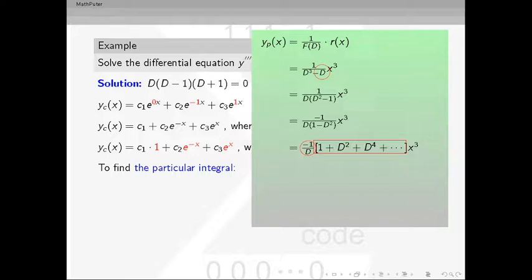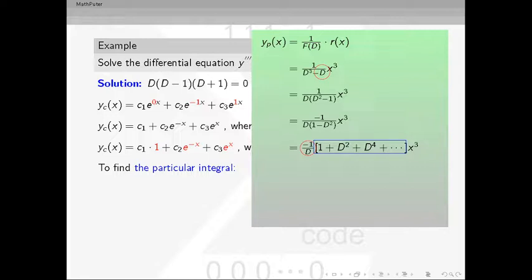So now the question arises, which term I have to apply first, minus 1 upon d or 1 plus d square plus d raised to 4. I am choosing this term 1 plus d square plus d raised to 4. Yes, I shall explain you that why I am choosing this term and what will happen if I apply first minus 1 upon d.